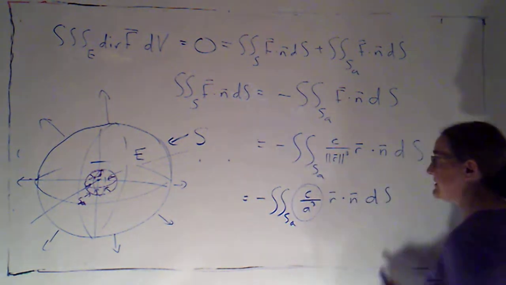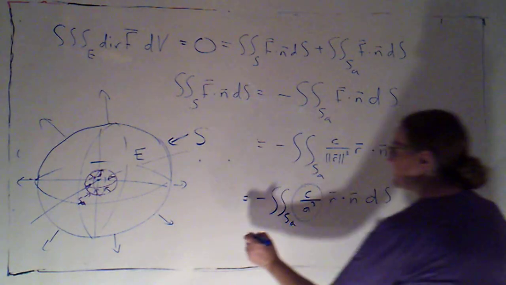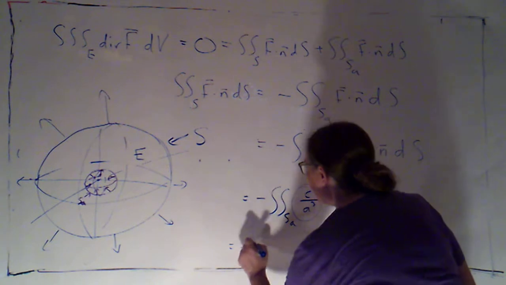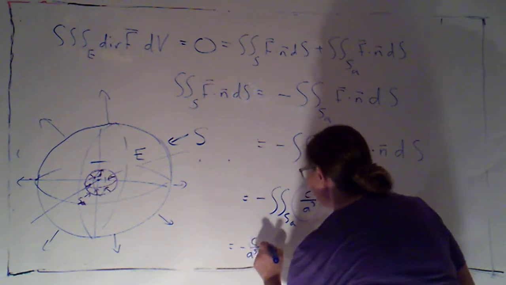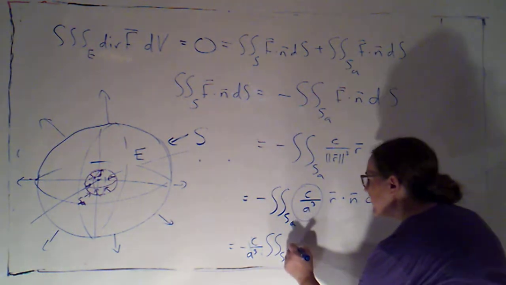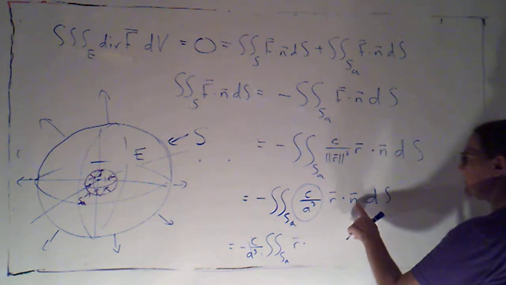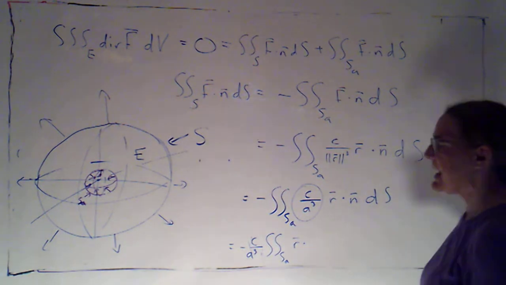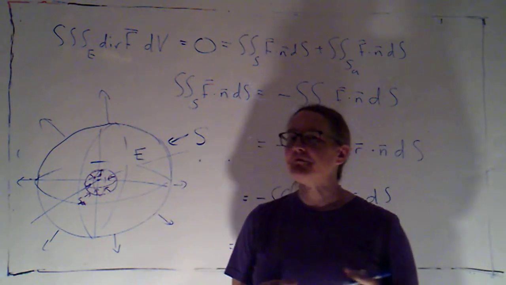That's a constant. Let's factor it out. So this is going to be negative C over A cubed, the double integral along S sub A of R dotted with N, now this is the unit normal vector, okay? But it's normal to a sphere.